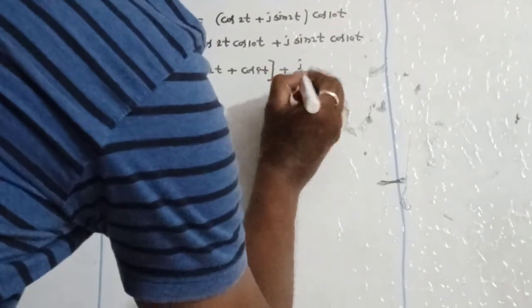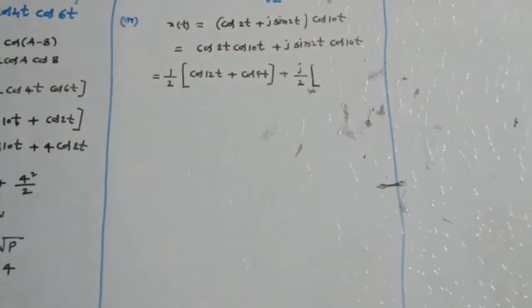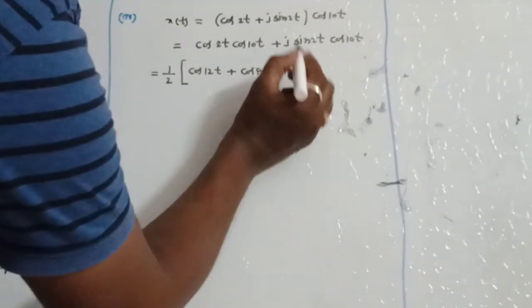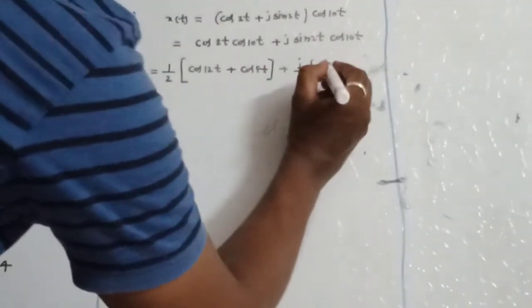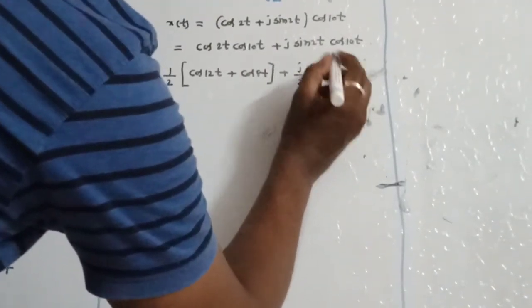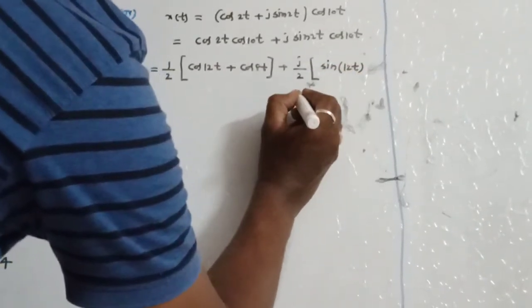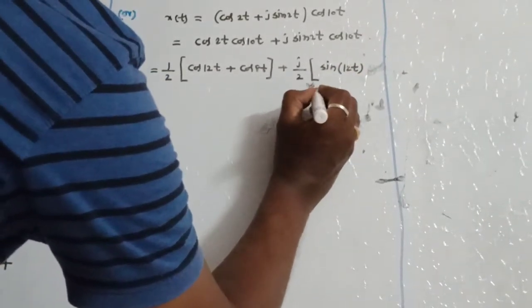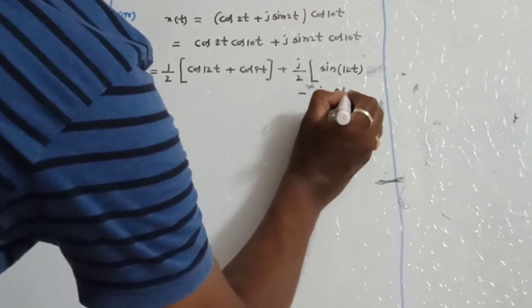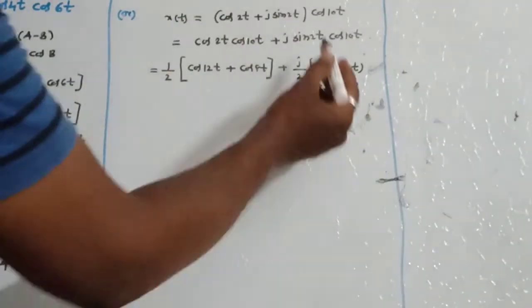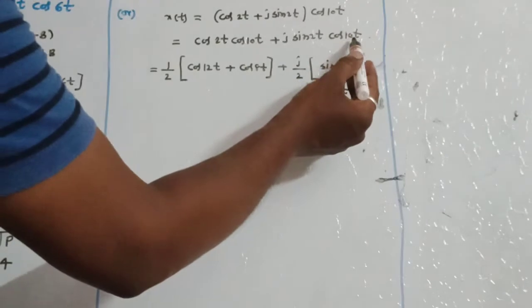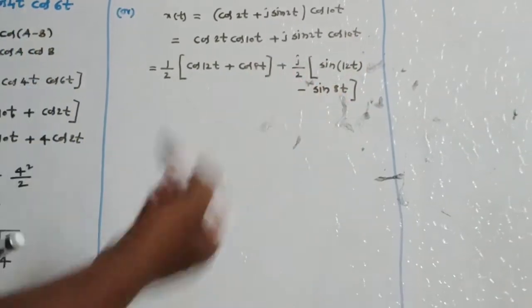plus j by 2 into sin a cos b. So multiply 2 and divide by 2, it will become 2 sin a cos b. What is the formula? Sin of a plus b, which will become sin 12t, plus sin of a minus b. So it will come out as minus sin 8t, because 2 minus 10t is minus 8t, and sin of minus 8t is minus sin 8t.